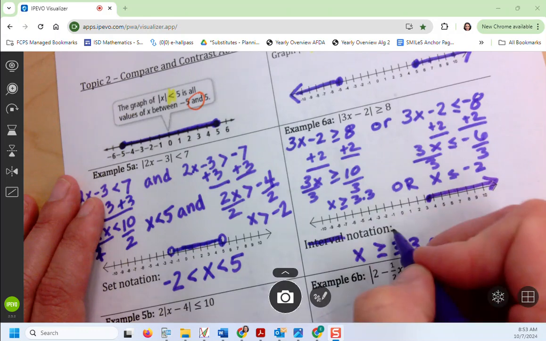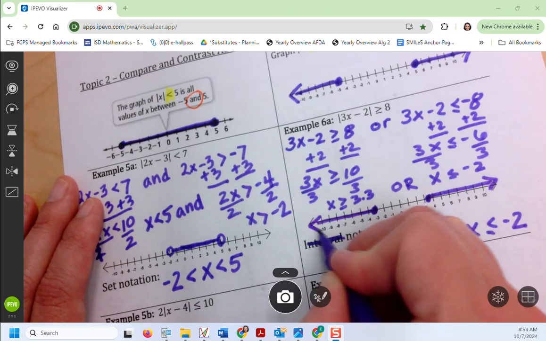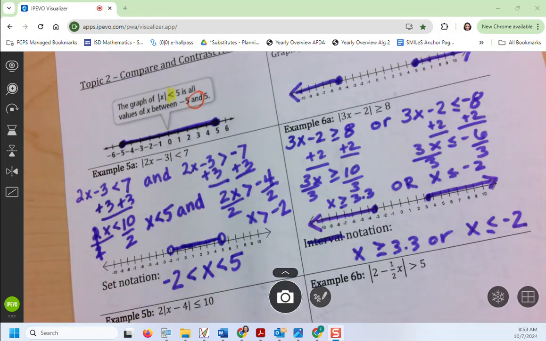And -2 is over here. Okay, and notice how it's impossible to have a number that is both greater than or equal to 3.3 and less than -2. Like, no numbers are both of those things. So it's either one or the other, not both.